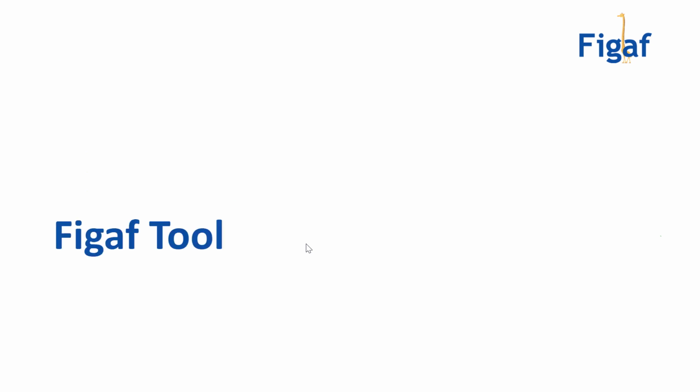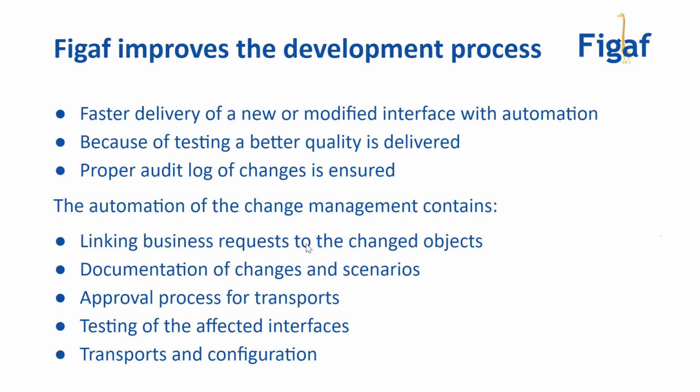The Figaf tool is the one I would share with you today, about what it can do to make the governance process better and how you can deliver CPI content a lot better. Some of the things it does improve the delivery process, and we'll go into more detail about how it actually does it.